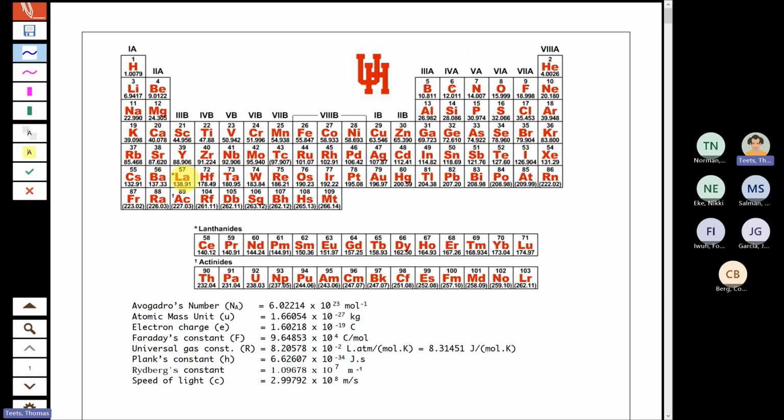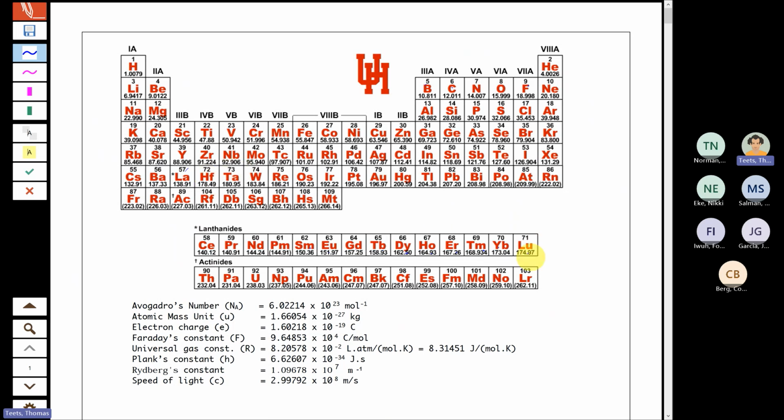This is part of the n-1 d, the 5d block starting here. So it would be 5d1 for number 57, but then it jumps down here to the 4f. So it would go 5d1, then 4f 1, 2, 3, 4, 5, 6, 7, 8, 9, 10, 11, 12, 13, 14. The full 4f is filled, so it's 14 4f electrons.